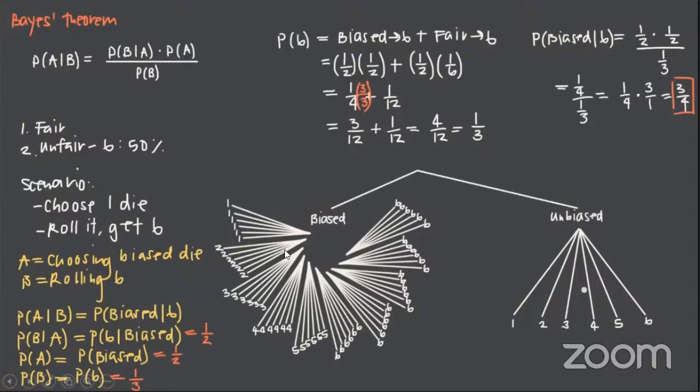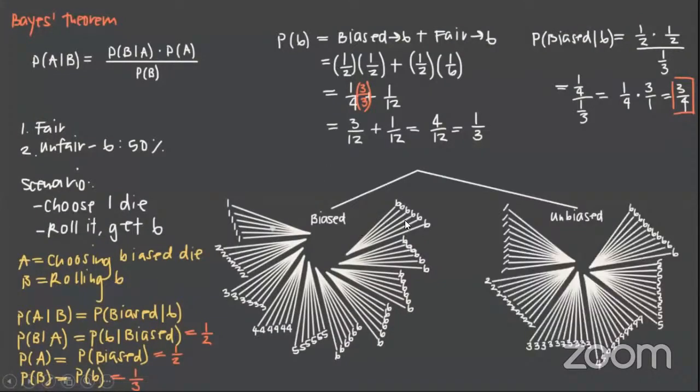We already have 6 into 5, therefore I get 30. Here there are, sorry, 6. I will multiply into 10. It becomes 60. So now the number of options on your unbiased is also 60, on your biased is also 60. So now we got a level playing ground to compare both of them.